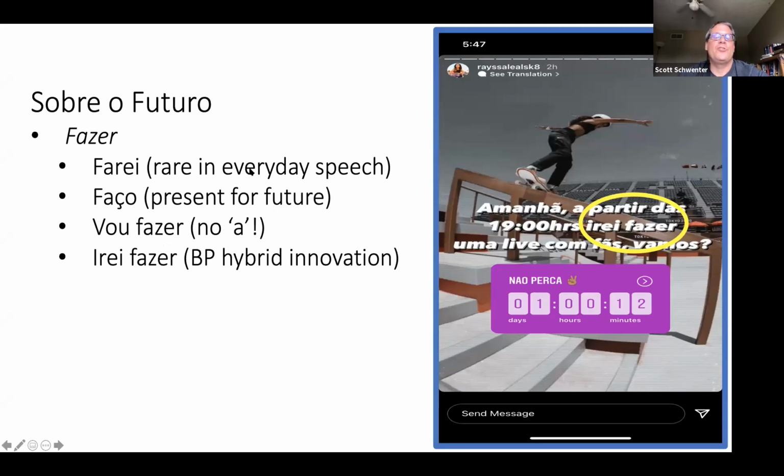This is a Brazilian Portuguese hybrid innovation where people are using this form plus the infinitive, even though vou fazer would be perfectly fine in this particular post. Amanhã a partir das 19 horas vou fazer uma live com fãs. Totally fine. But you see this a lot, this hybrid innovation, and it doesn't look like anything, at least not anything common in Spanish.